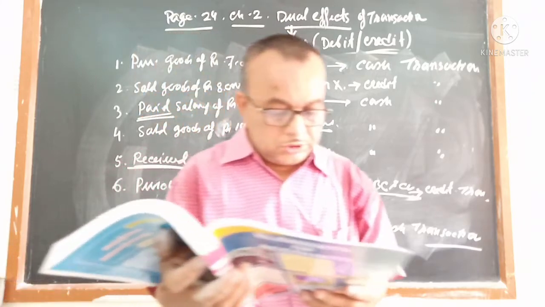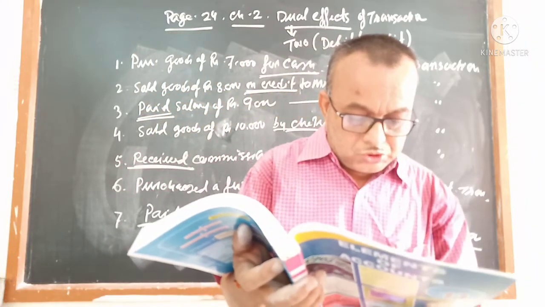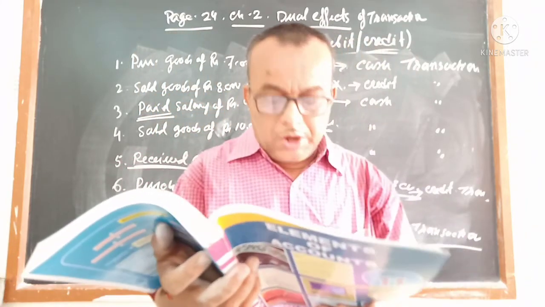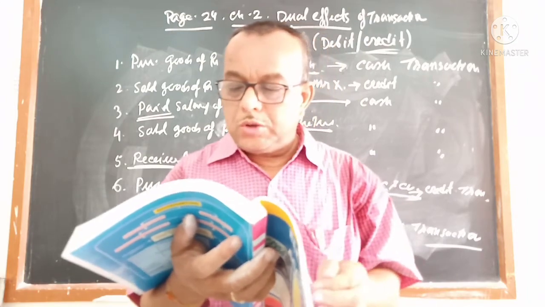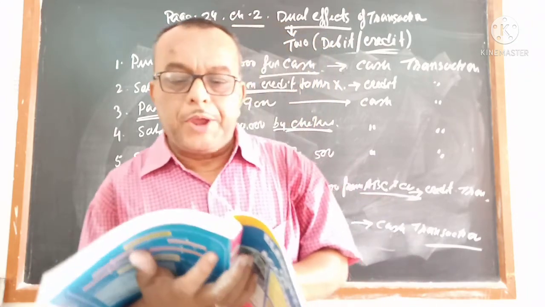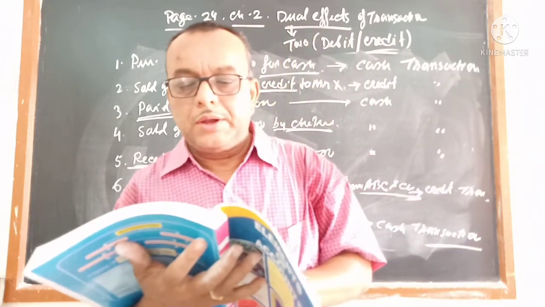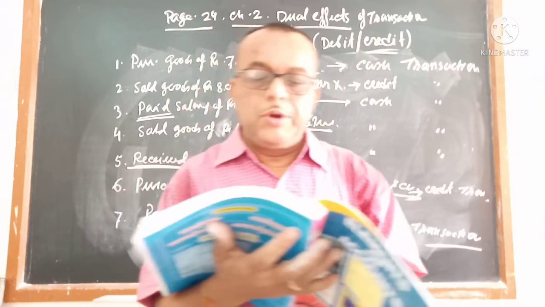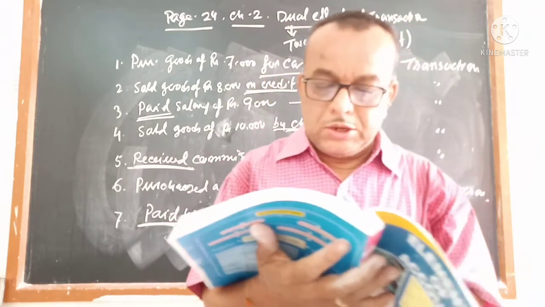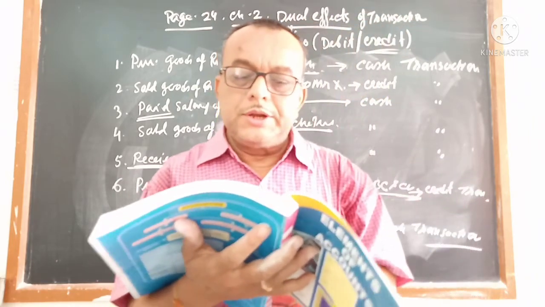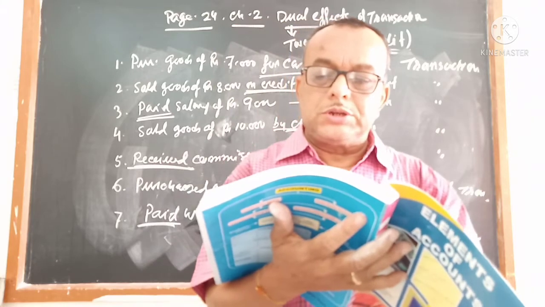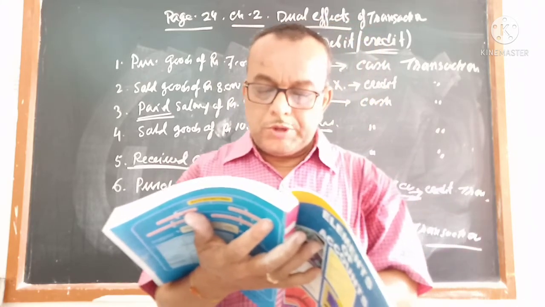Assets sold 20,000, economic transactions. Assets sold to Mira on credit 22,000, also economic transactions. 8,000 paid for wages, economic transactions. 9,000 received for rent, economic transactions. Liability of rupees 15,000 is settled, also economic transactions. Receivable of rupees 18,000 is received, also economic transactions.